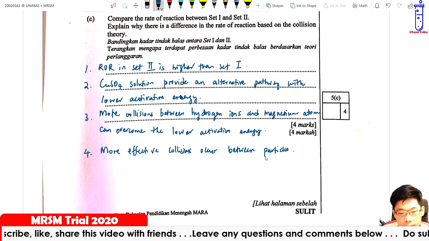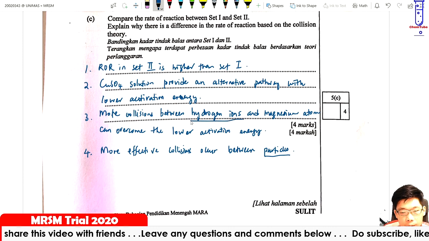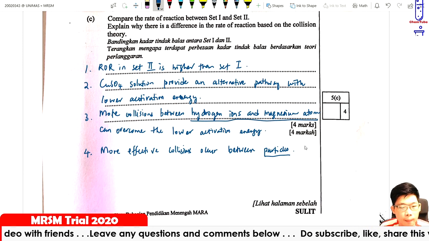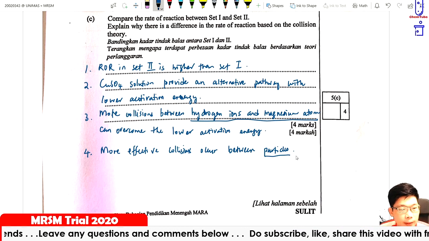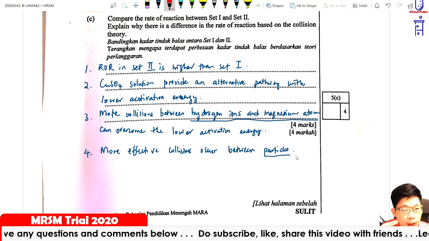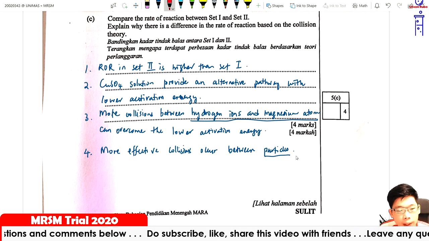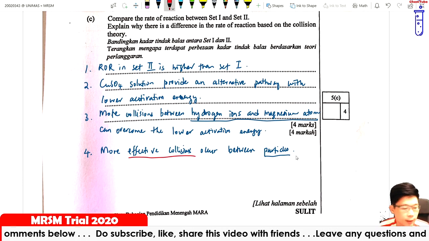We can use particles here because in point number 3 we mentioned already the particles that collide. So there are 4 marks here. We have to mention the collisions that overcome the lower activation energy, and more effective collisions occur.